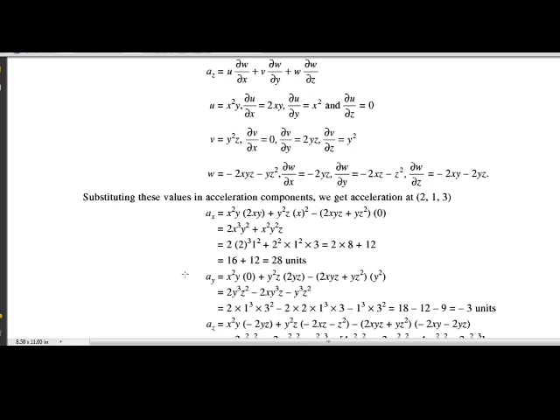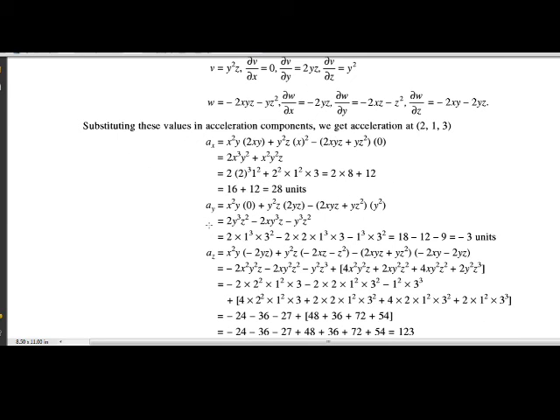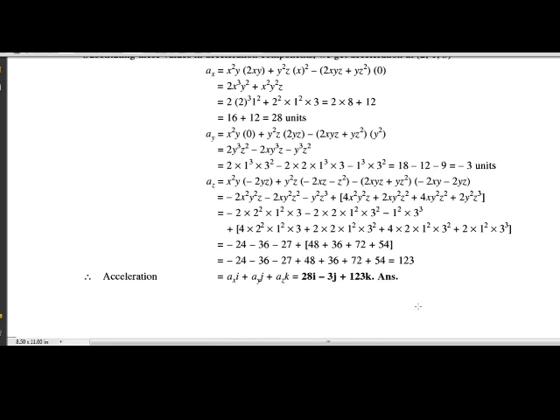Similarly, put the values into the equations of ay and az. We get ay as −3 units and az equal to 123 units. Then the acceleration equals ax i + ay j + az k.